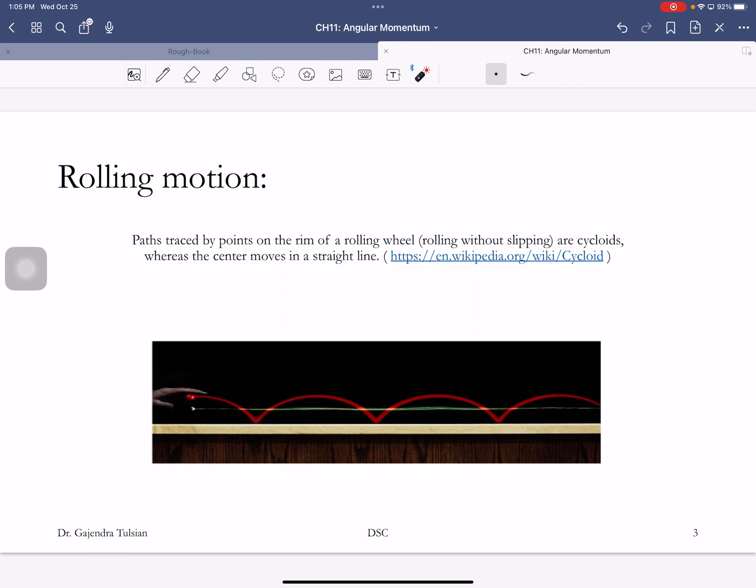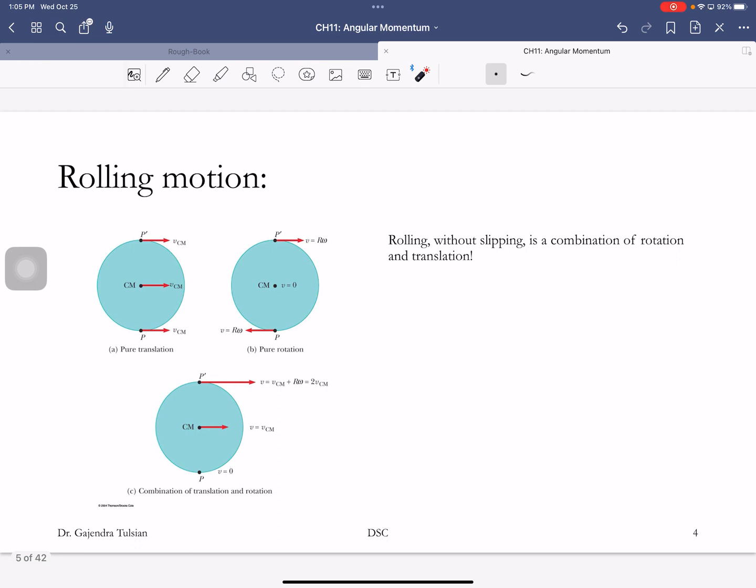So a light on the rim of a wheel rolling at constant velocity traces a cycloid. And the axis is the only point that goes in a straight line. So rolling without slipping is a combination of rotation and translation. It's a sum of rotation and translation.